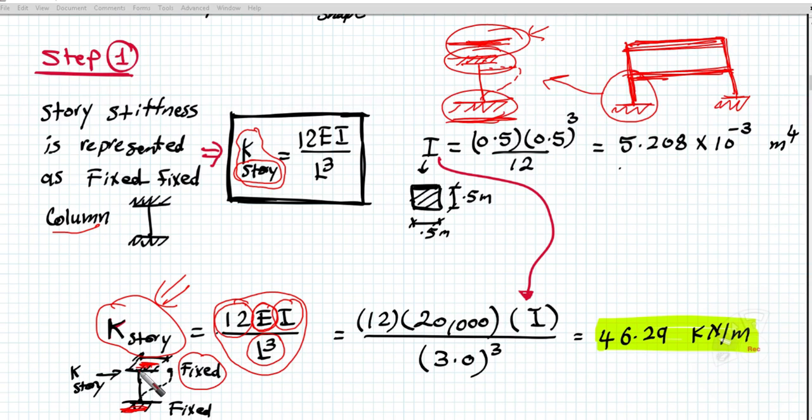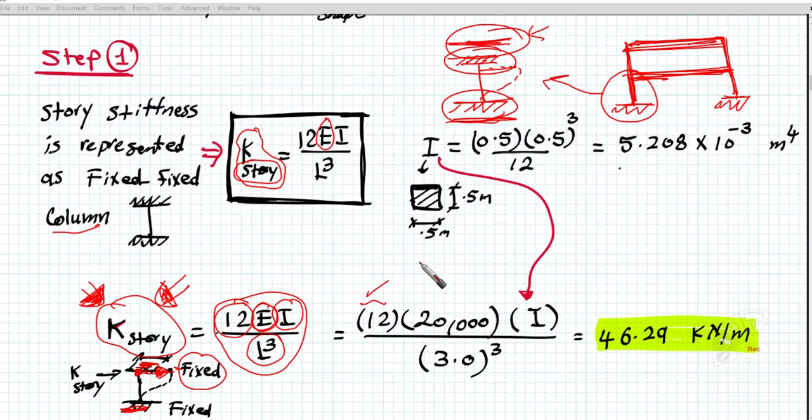If we move one end by a unit displacement, then this story shear or story stiffness, both are synonyms. Whenever I say story shear or story stiffness, they are the same. It equals 12 EI over L to the power 3. Okay, again, we know E because it's already given for us, right?